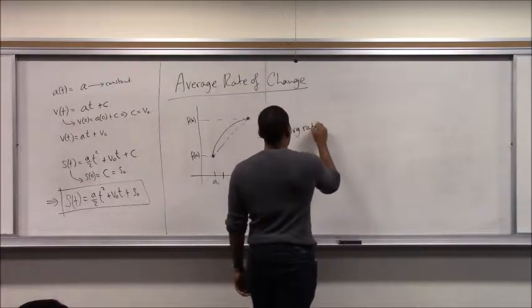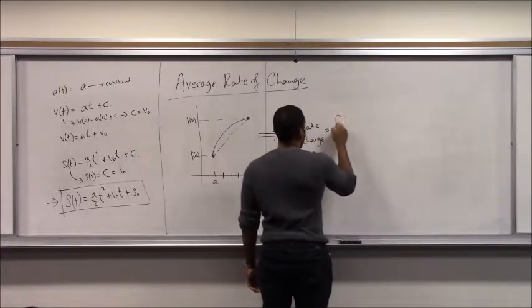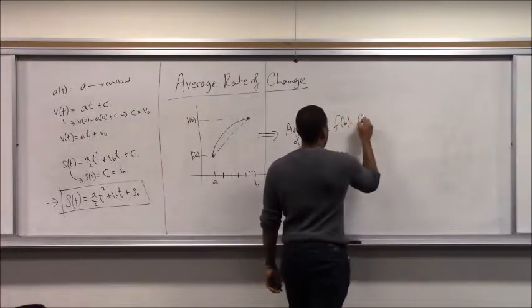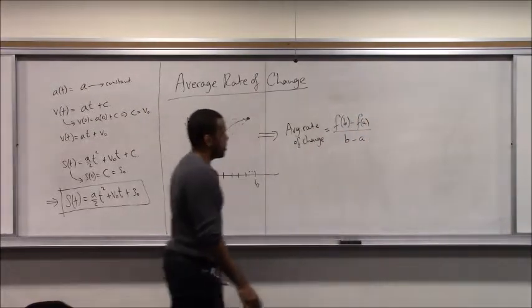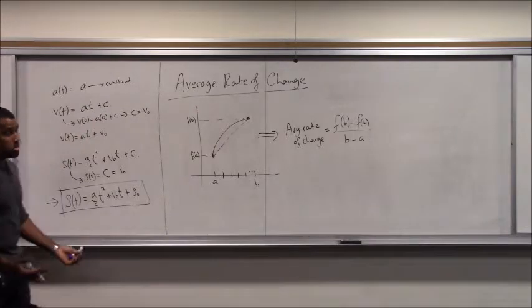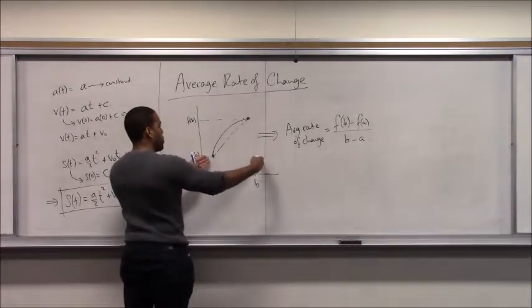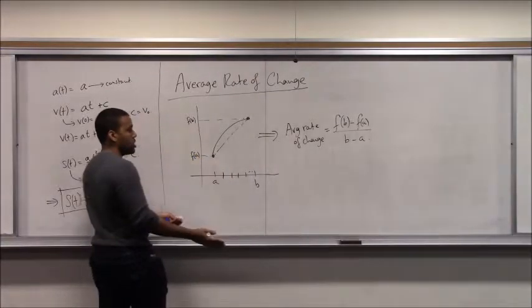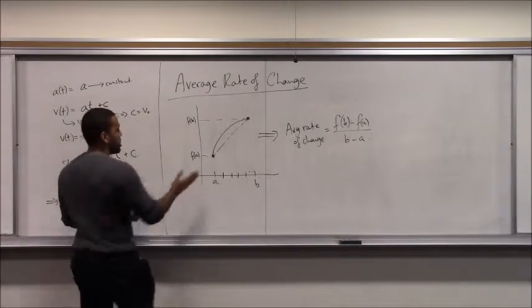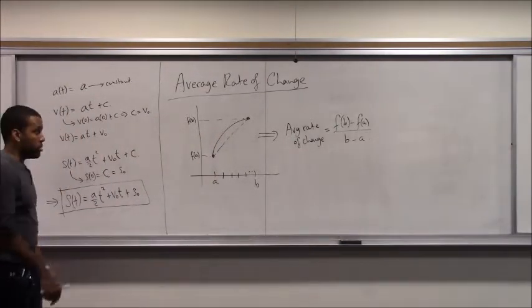Average rate of change is the change overall. It's going to be f of B minus f of A over B minus A. So it's the difference quotient, pretty much the difference quotient without a limit. Now, as we make these two points close together by taking a limit as the distance goes to 0, that gives us the derivative, and that turns this blue line into a tangent line, and that becomes the instantaneous rate of change.